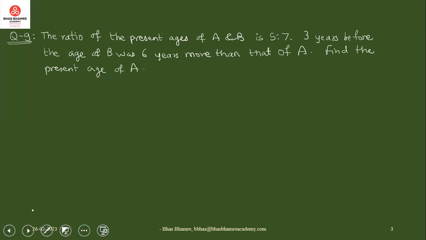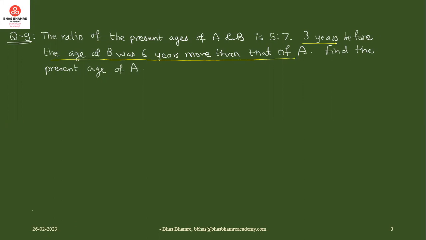Okay. Now in this question, when I say that 3 years before it was 6 years more, so in present, is there any difference? Is it going to change by what years it will be more or less? What is your opinion?